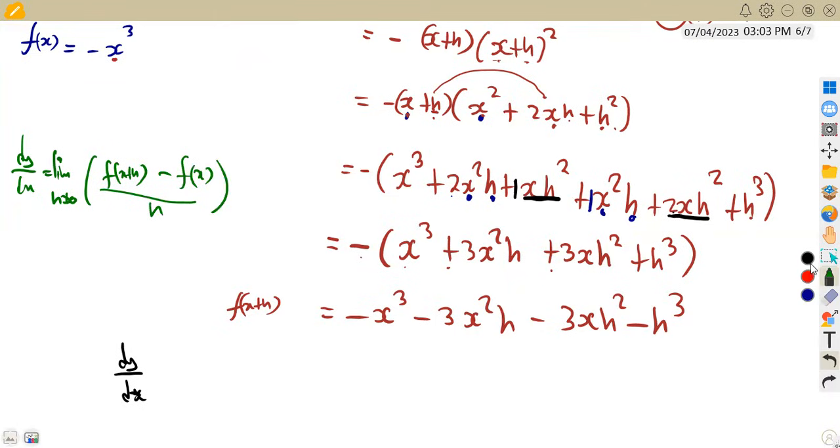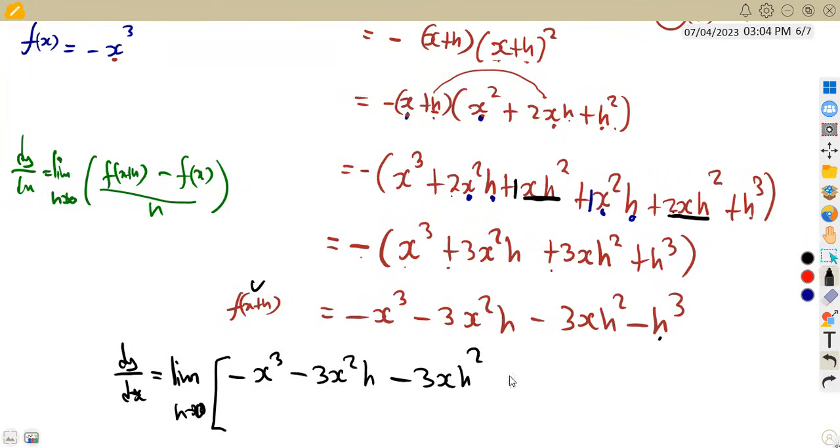So if we consider this, it is going to be equal to the limit as h approaches 0 of f of x plus h, which is this part as it is: minus x cubed minus 3x squared h minus 3xh squared minus h cubed, minus f of x.